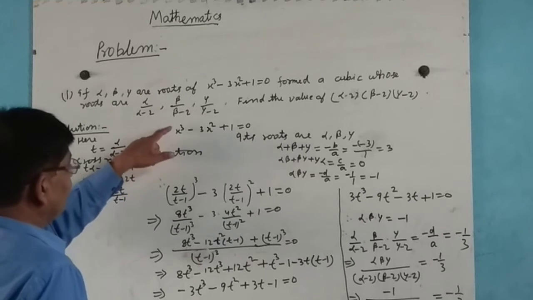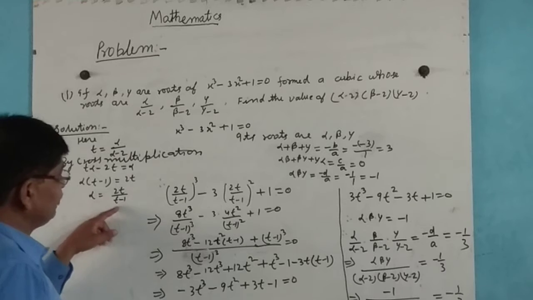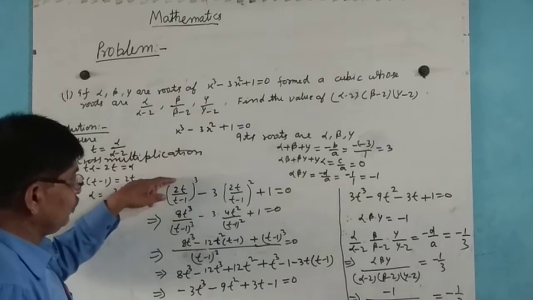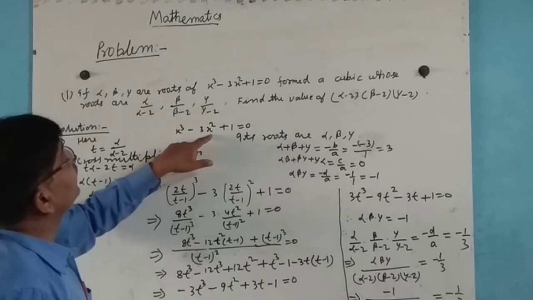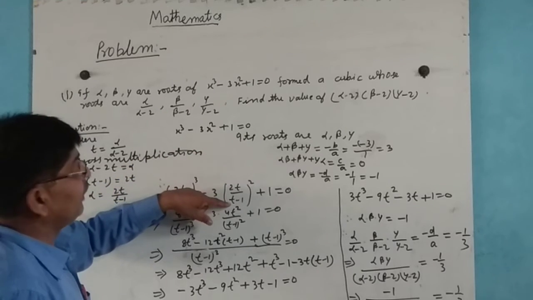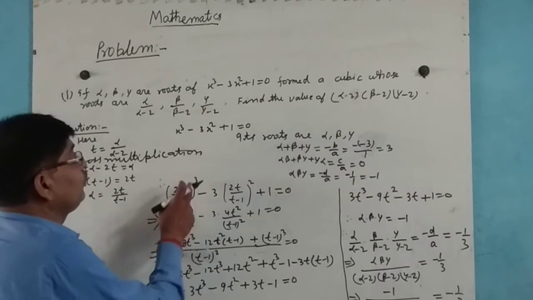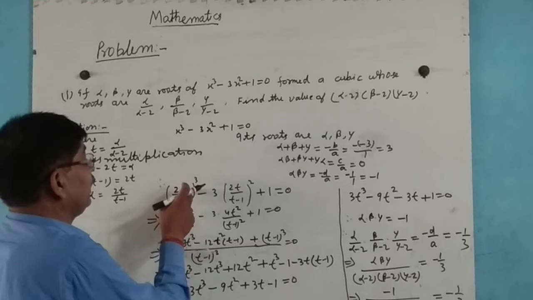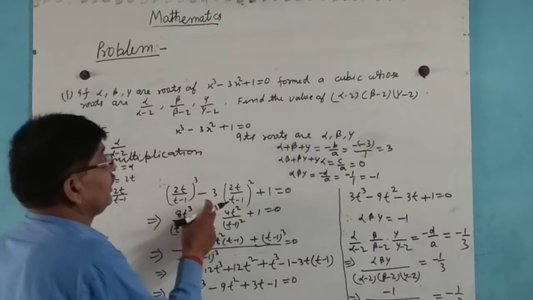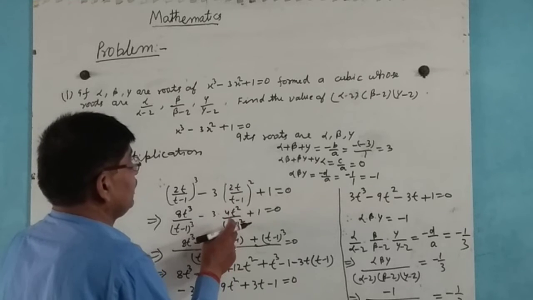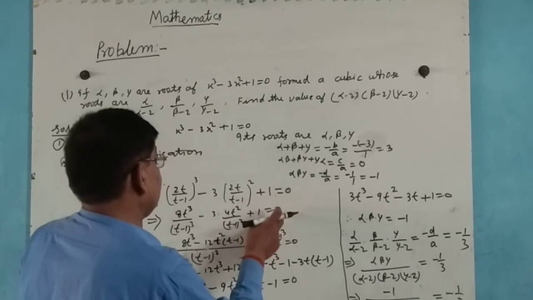If we put x equal to alpha, that alpha equal to 2t by t minus 1, then here (2t by t minus 1) cube minus 3 (2t divided by t minus 1) square plus 1 equal to 0. Now this is a cube: 8t cube divided by (t minus 1) power cube minus 3 times 4t square divided by (t minus 1) square plus 1 equal to 0.